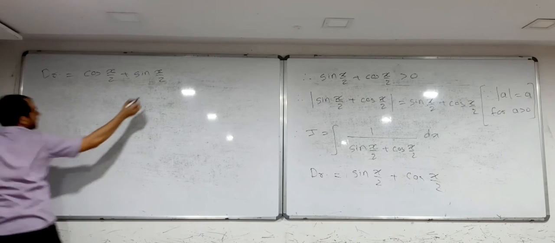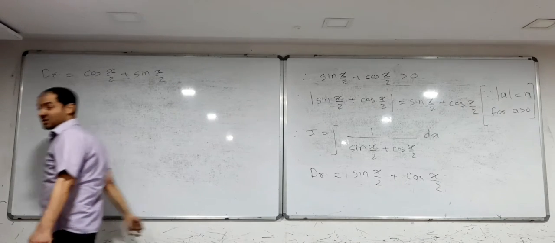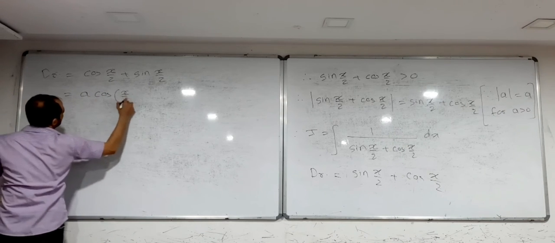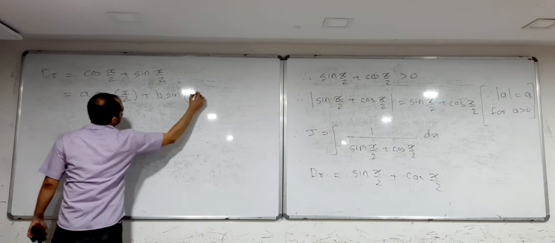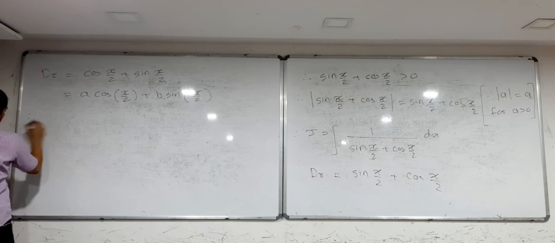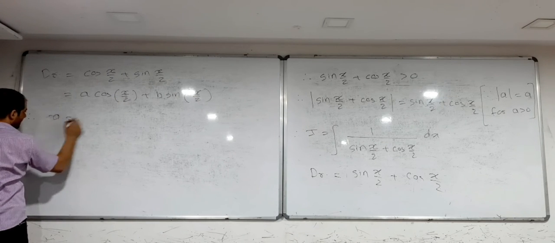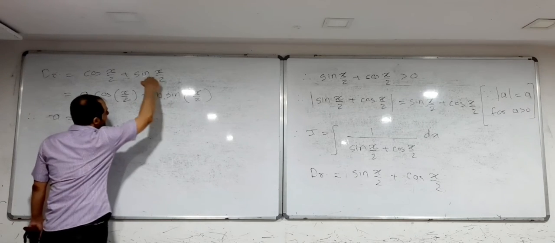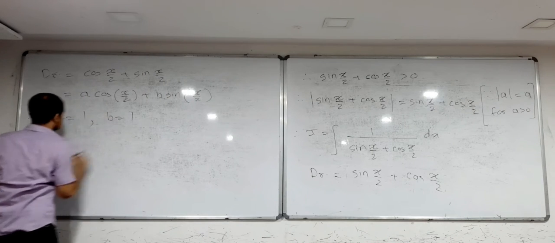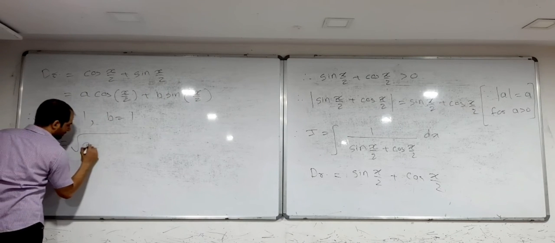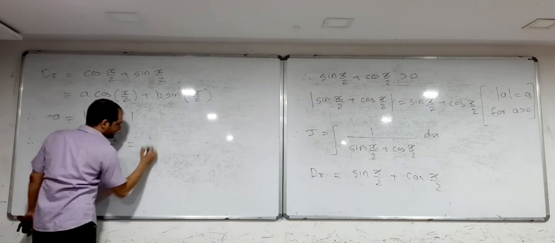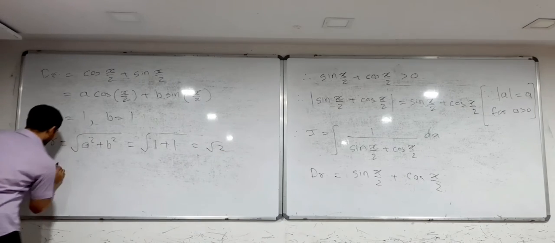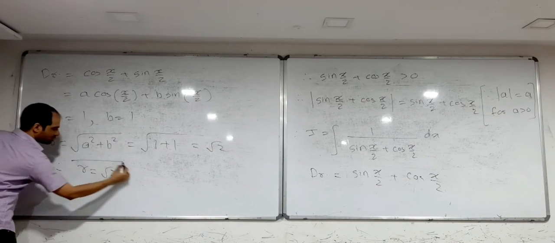So that you can compare with a cos theta plus b sin theta, or you can say a cos x plus b sin x. It is in the form of a cos of x by 2 plus b into sin of x by 2. So therefore a कितना है? Coefficient of cos of x by 2, a इधर कितना है? 1. b, coefficient of sin of x by 2, इधर b क्या है? 1. तो r निकालो. r is root of a square plus b square, which is square root of 1 square plus 1 square, so root 2. So r कितना है? r is root 2.